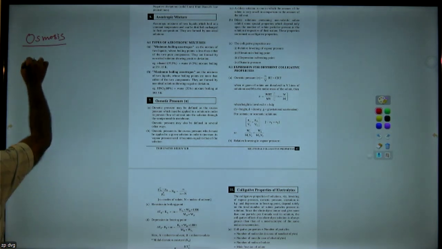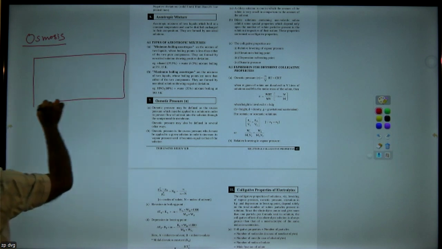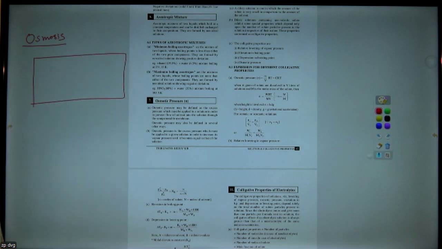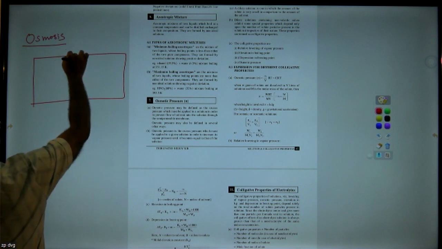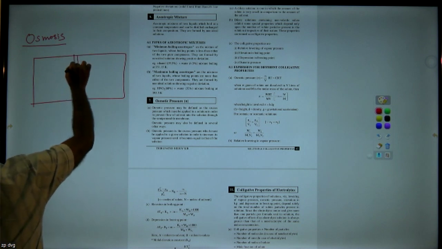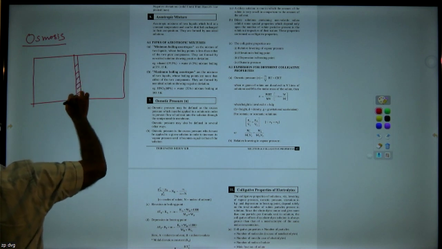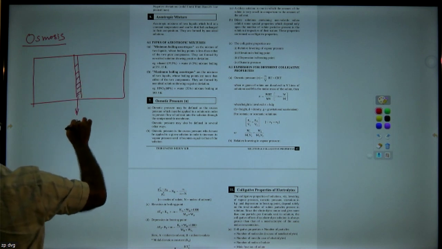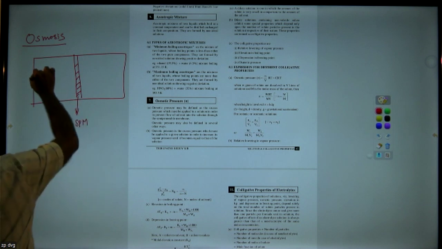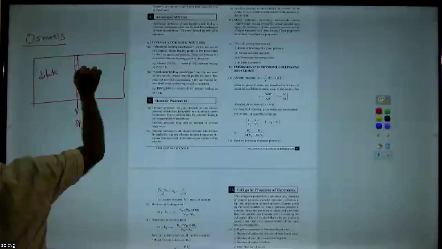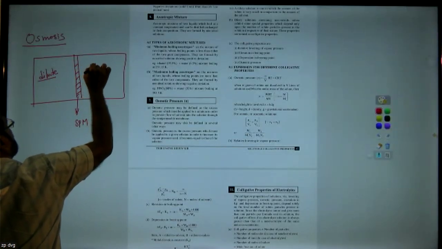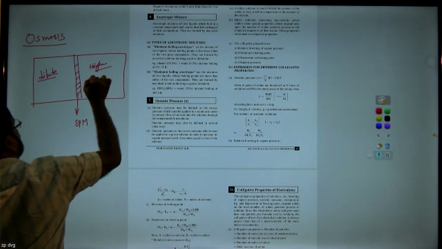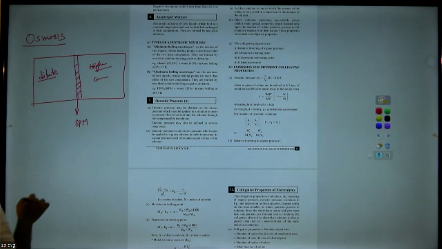When a dilute solution and a concentrated solution are separated through a semi-permeable membrane, SPM, what happens?